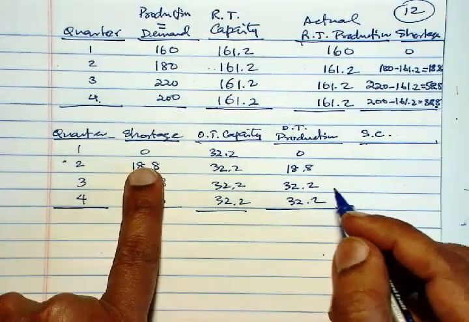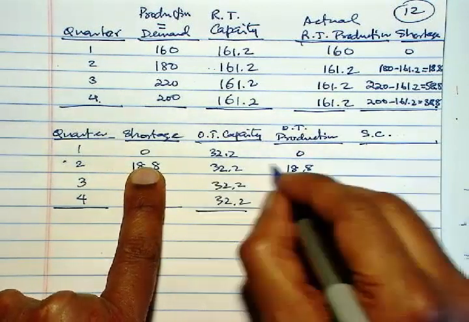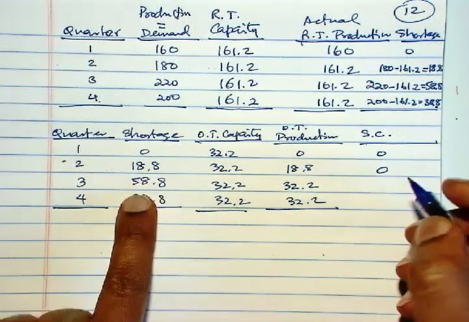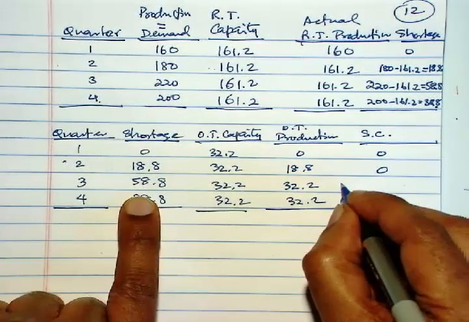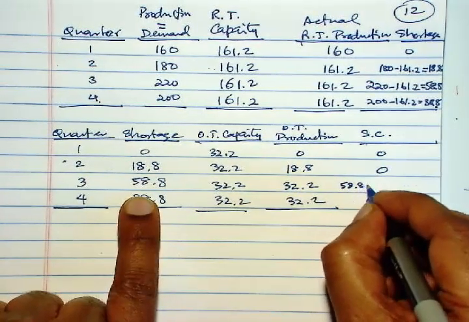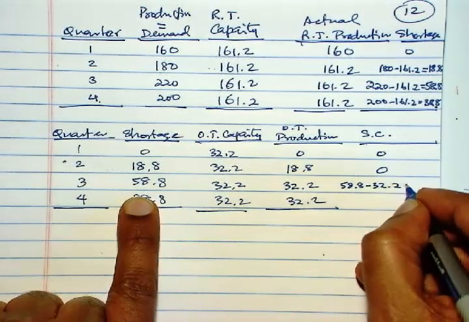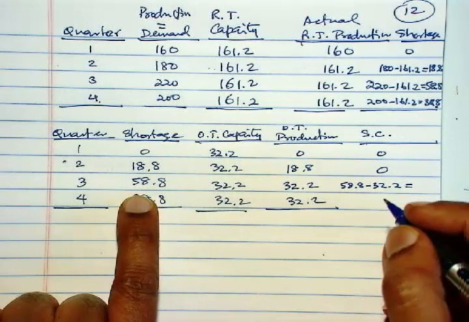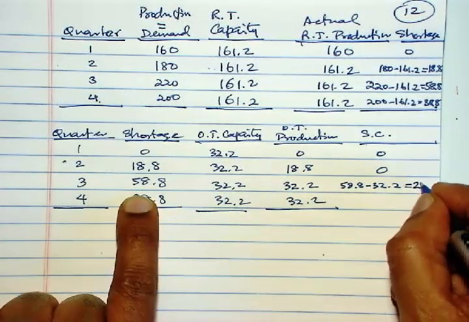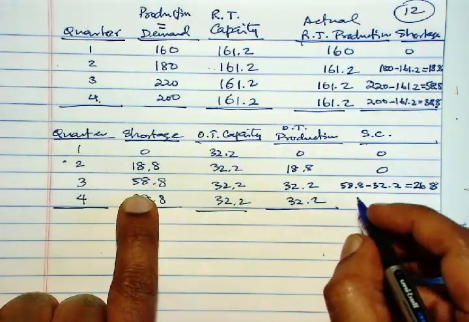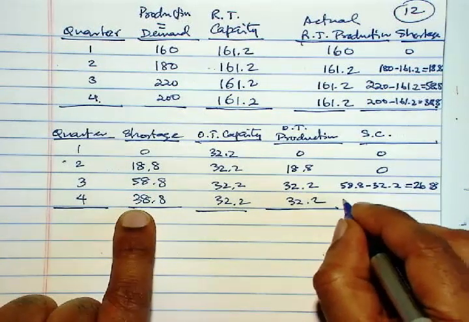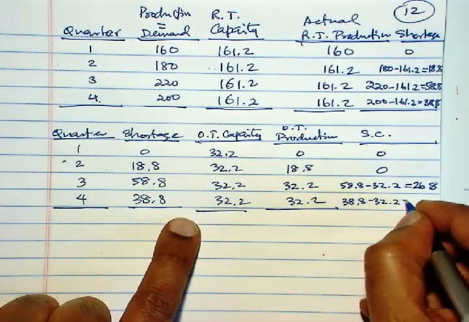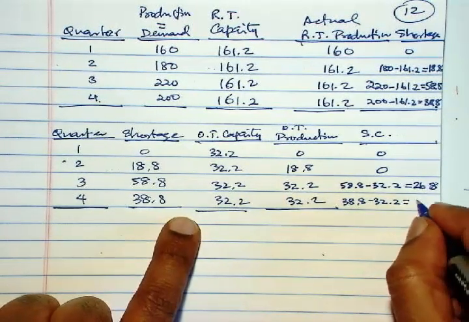Subcontracting is shortage minus how much is produced using overtime production. So this is 0, that's 0. So here 58.8 minus 32.2 must be produced using subcontracting. So that is 26.8, and here again is 38.8 minus 32.2, which is 6.8.